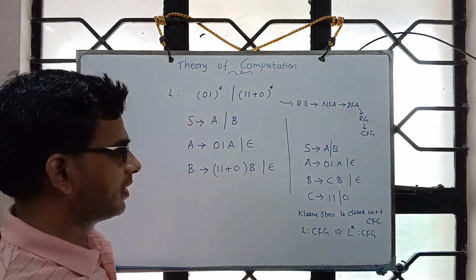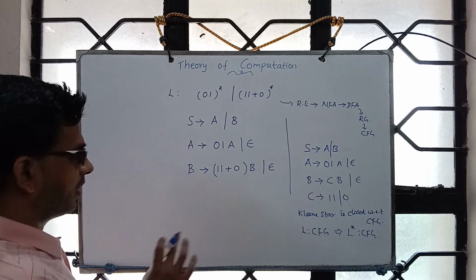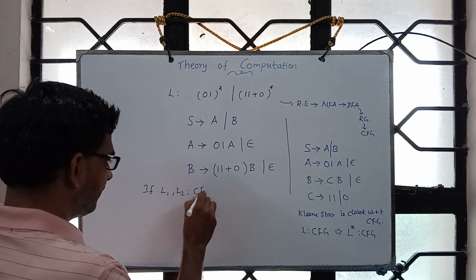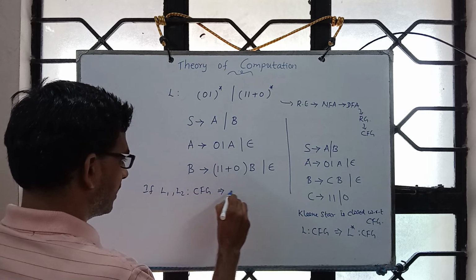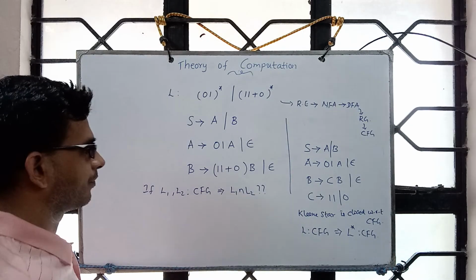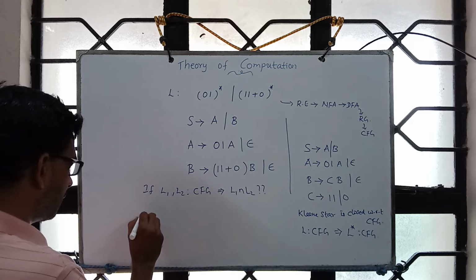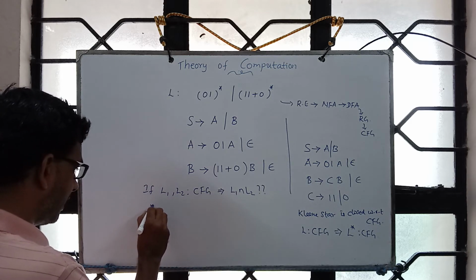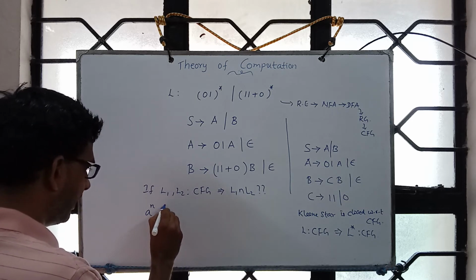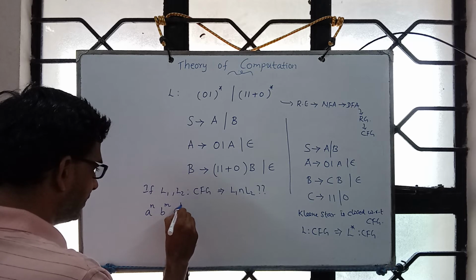What about the intersection operator? So think about this. If L1 and L2 both have CFGs, can we construct a CFG for L1 intersection L2? I'll give you an example, just to explore how things work. Let me take A power n and say B power m, followed by say C power k.